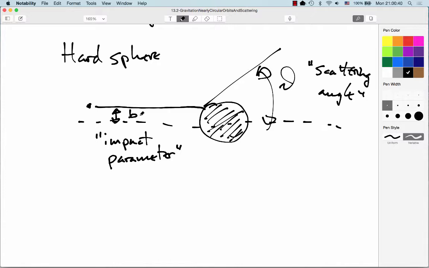And even there, you're talking about impact parameters on the order of maybe 10 to the negative 10, 10 to the negative 11 meters, that kind of range. Just no way that you could set up a beam that fine. So you don't know your impact parameter.